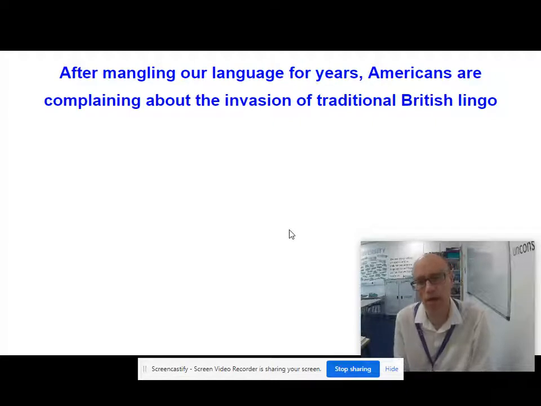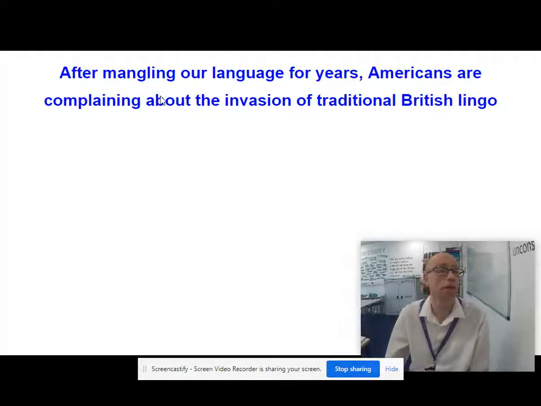After mangling our language for years, Americans are complaining about the invasion of traditional British lingo. Now, what discourses have we got here? Invasion and violence. We have the emotive, material, progressive aspect verb mangling going on there. We have the abstract noun invasion.